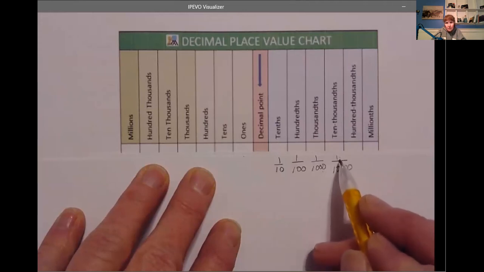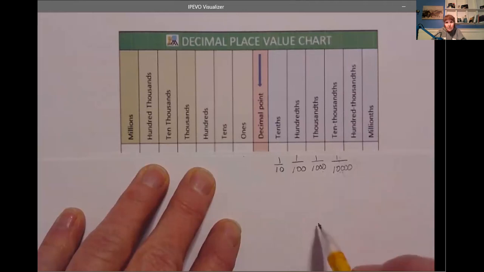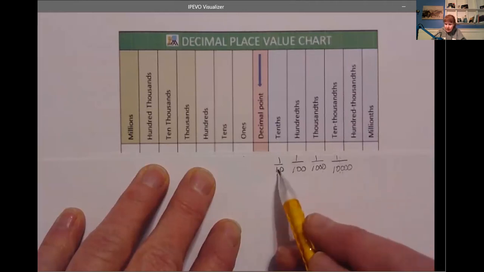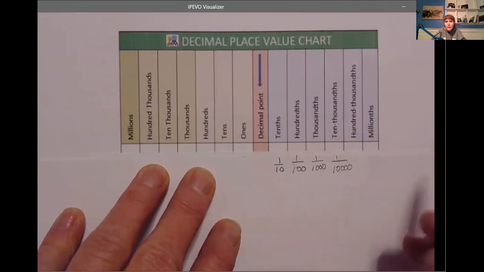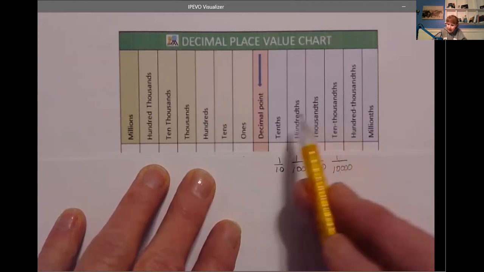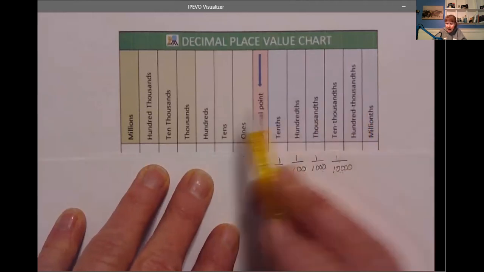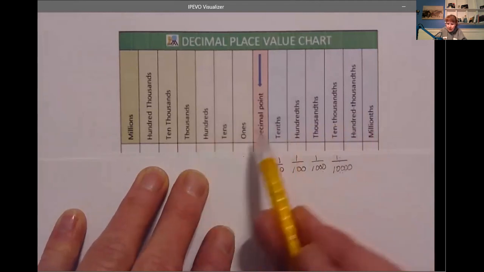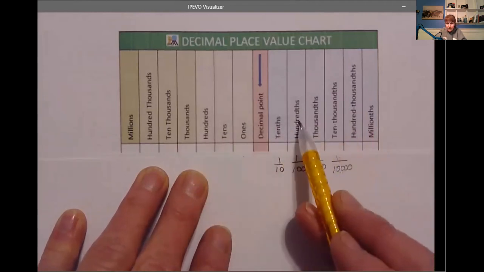The numerator tells you how many of those you've got. So we've got tenths, hundredths, thousandths, 10,000ths. Notice that they all have a TH. That just tells you where you're at in this whole scheme. Tens, hundreds, as opposed to tenths, hundredths.